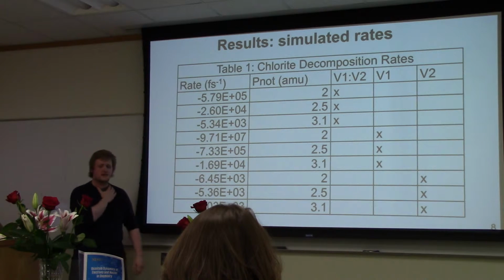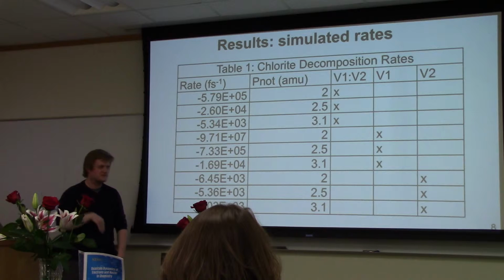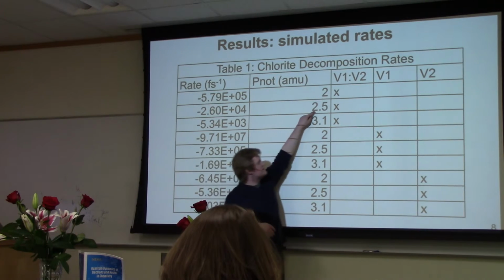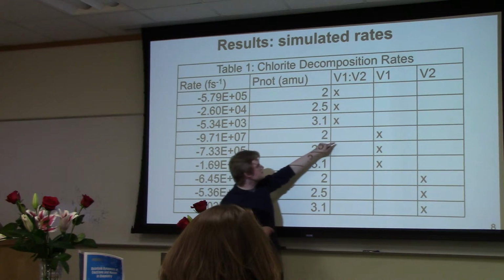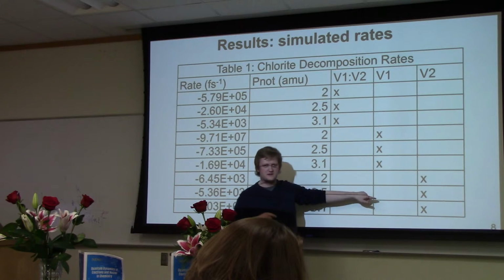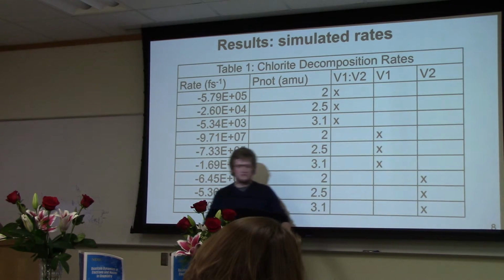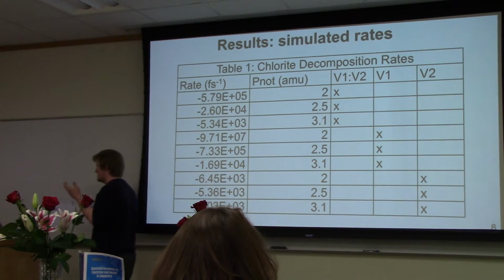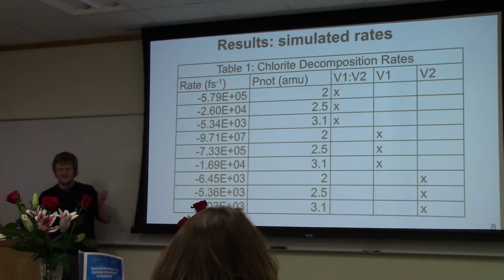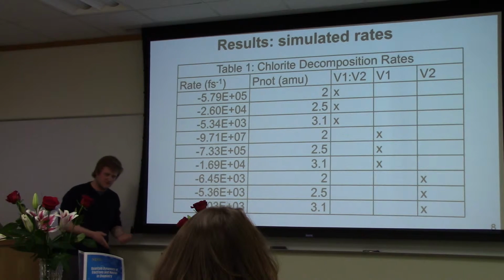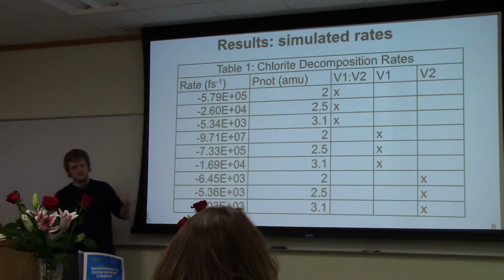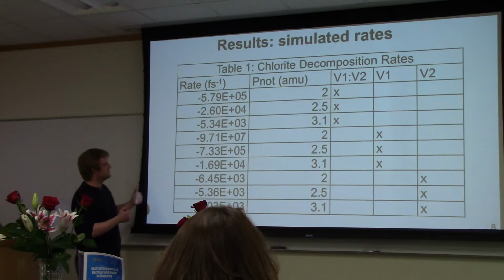Also, just to set upper bound and lower bound limits, this is just the linear convolution of those two potentials. I also looked at just the uncatalyzed potential V1 and the catalyzed potential V2. Effectively, you would expect the uncatalyzed potentials to have slower rates, and the catalyzed potentials to have faster rates. Well, do I see that?